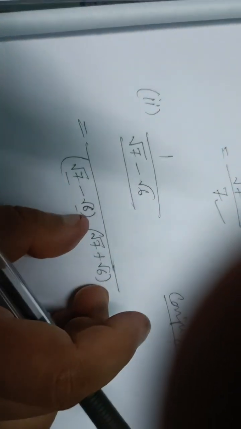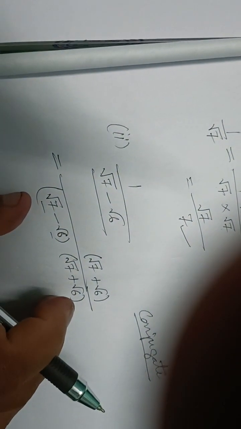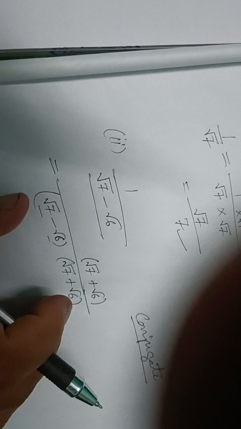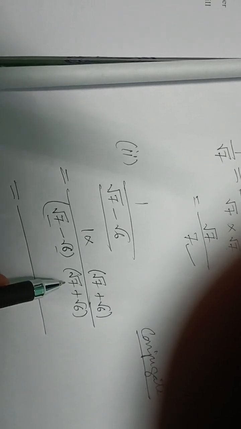Whatever I do in the denominator, the same thing you have to do in the numerator. So root 7 plus root 6, clear. This is the rule, just to make the denominator a rational number. In the numerator we have 1, so you write that as it is. Now a minus b into a plus b is applicable.